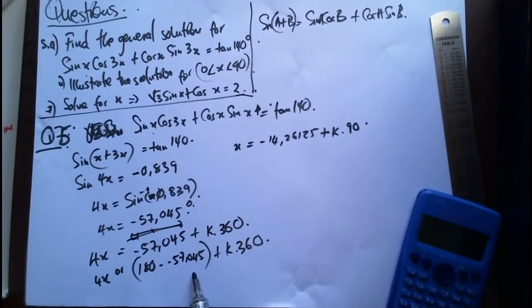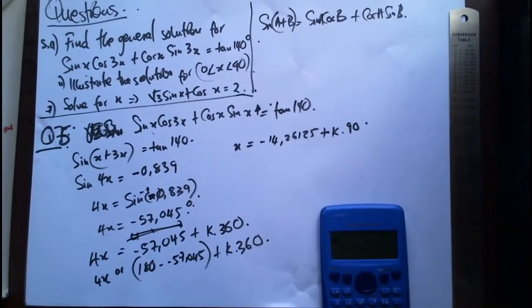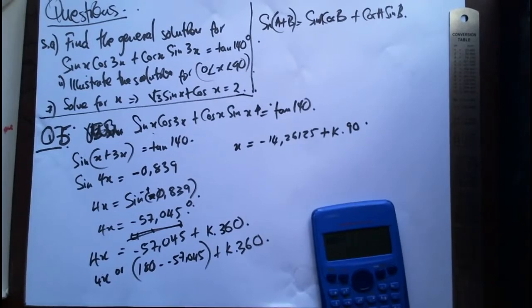Or in this case, remember, it's 180 minus 57.045, which is equal to 237.